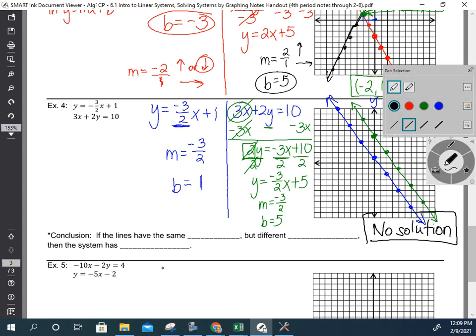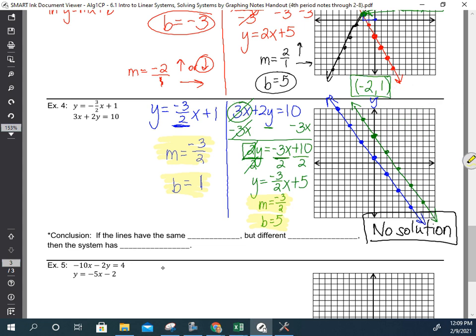All right, so let me highlight 4 numbers. This, this, this, and this. So, what 2 numbers are the same?